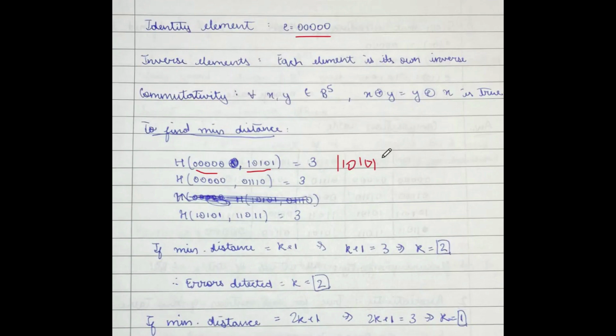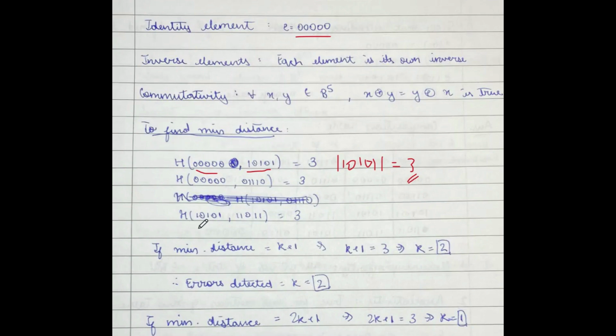Now the mod of this value is equal to 3. Therefore, that is the Hamming distance. And as you can see, there is no other value less than 3. So this is the minimum distance out of all the possible combinations that we can imagine from the group.